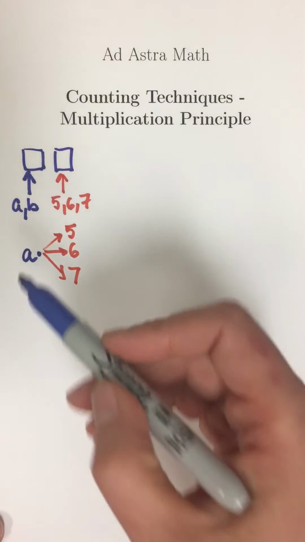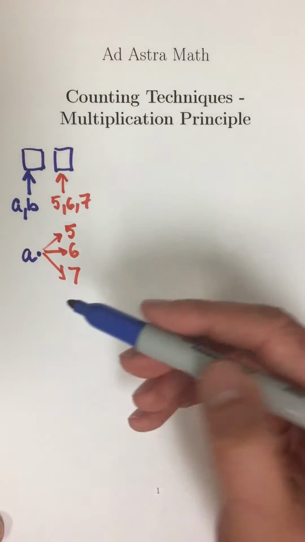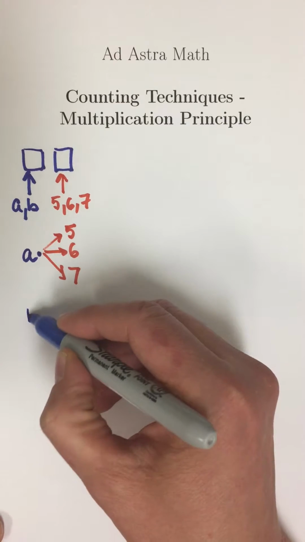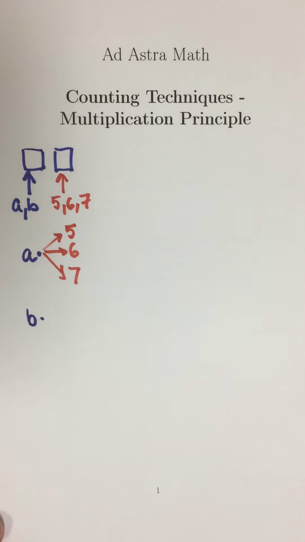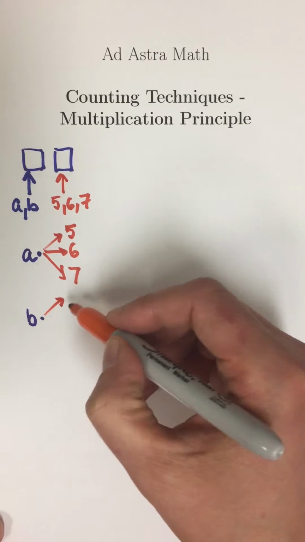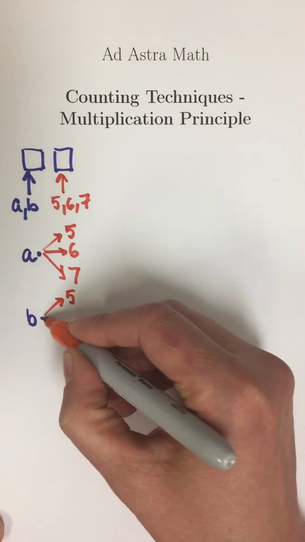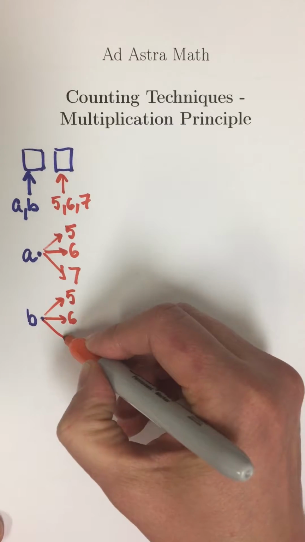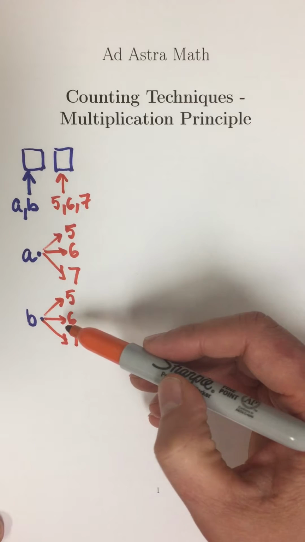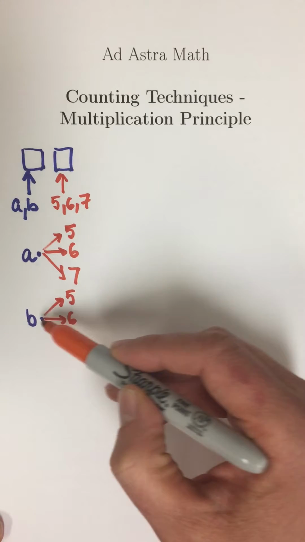But A is not the only option that we have for character number 1 here, and we have another option, which is B. Once we made that choice, again, we can choose for the second character of the password one of the digits 5, 6, or 7. So now we just made the passwords B5, B6, and B7.